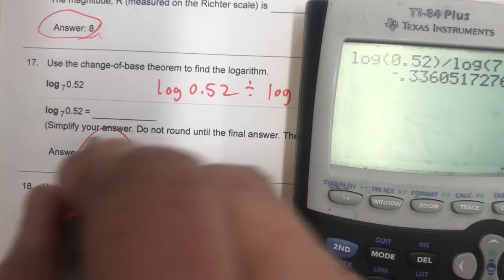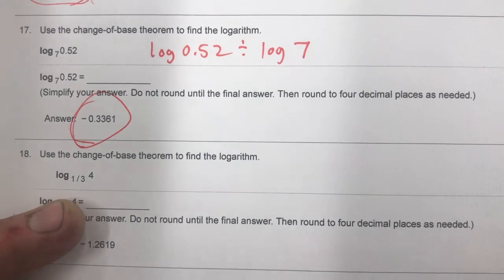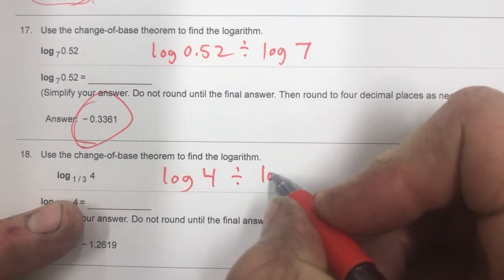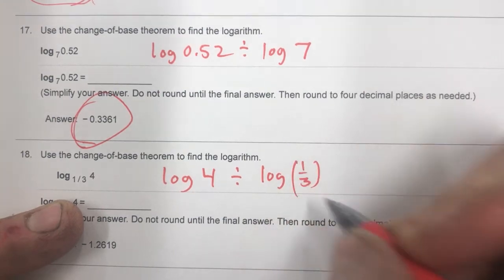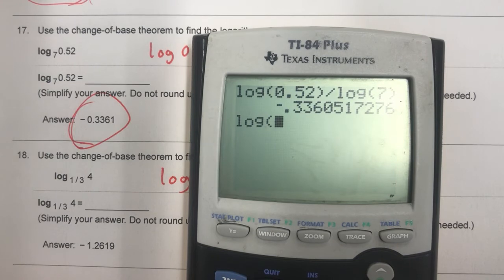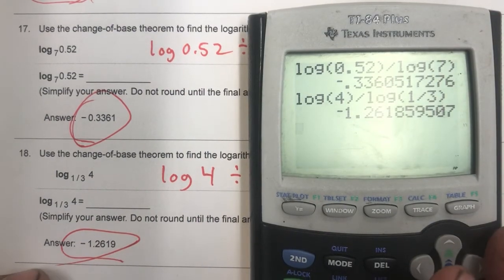You see the answer right there. Use change of base here. So I'm going to type in log of 4 divided by log of 1/3. So log of 4 divided by log 1/3, and negative 1.26 right there.